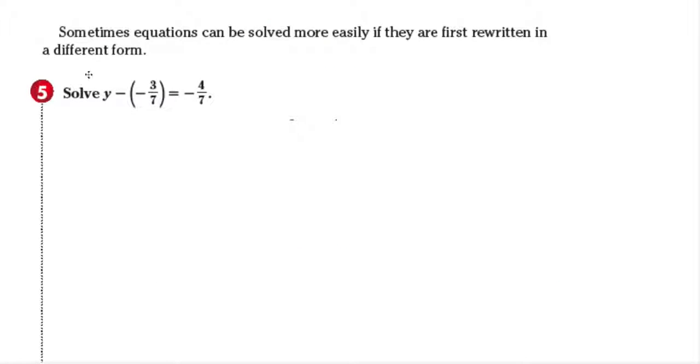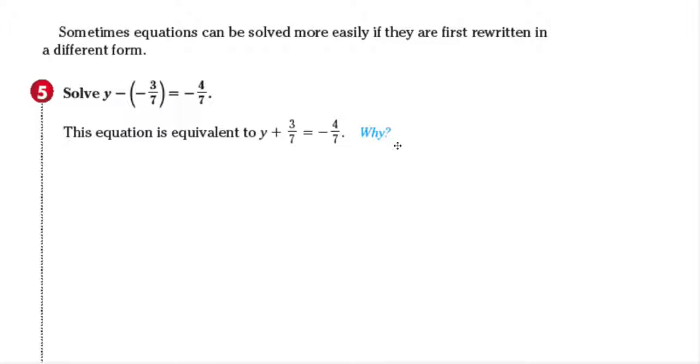Next example, example number 5. Sometimes equations can be solved more easily if they are first rewritten in different form. We want to solve y minus negative 3/7 equals negative 4/7. This equation is equivalent to y plus 3/7 equals negative 4/7.